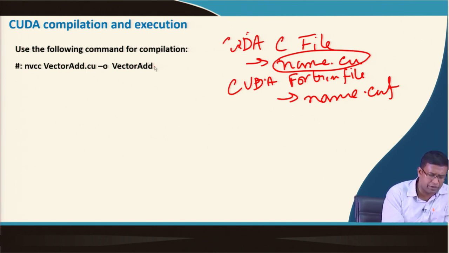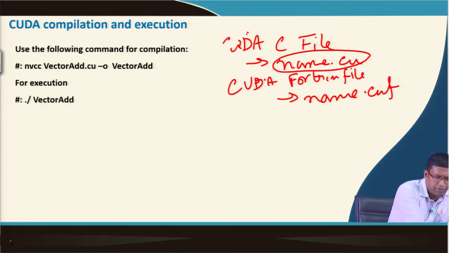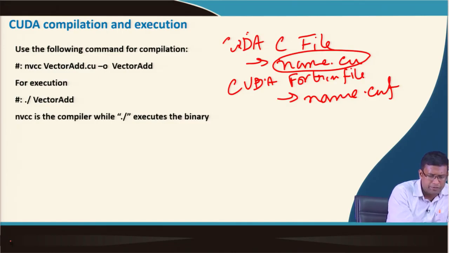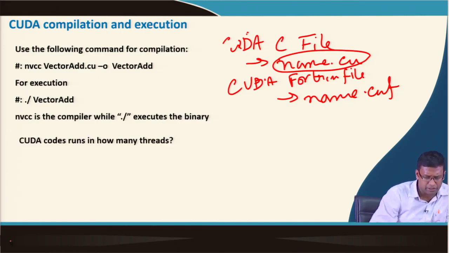It will build an executable vectored, and then you execute that file. This will be a heterogeneous program which will run in the CPU, as well as the part which the CPU asks the GPU to run, which will be executed in the GPU. NVCC is the compiler, and dot slash executes the binary.